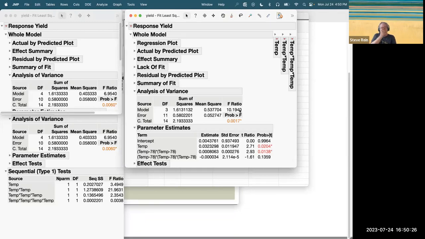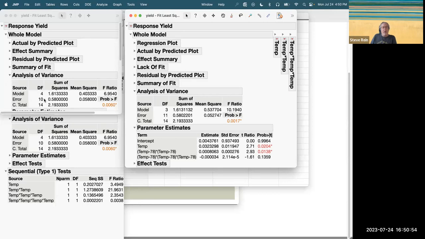What's different is we took our model, which had 4 degrees of freedom attached to it, and reduced it to a cubic model from a quartic. It has fewer degrees of freedom for the model, but about the same sum of squares, resulting in a mean square which is higher.